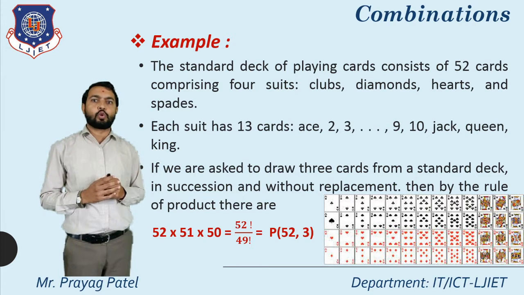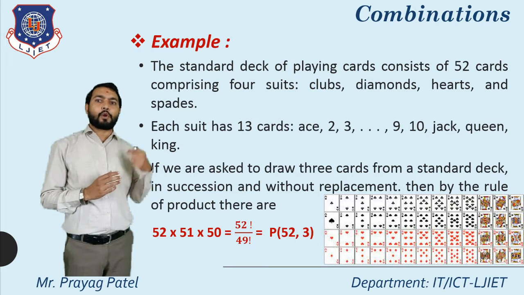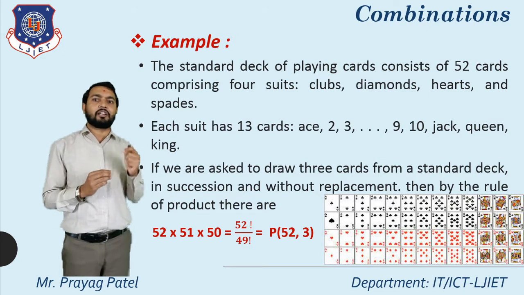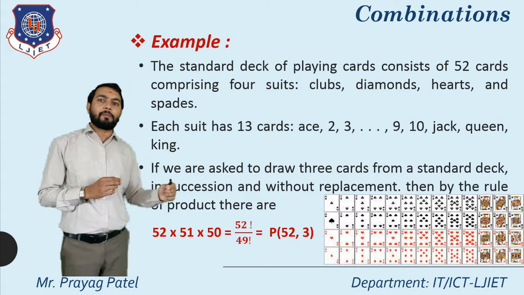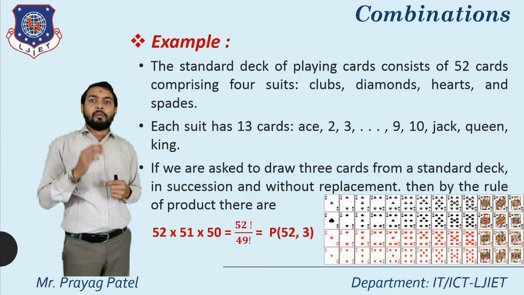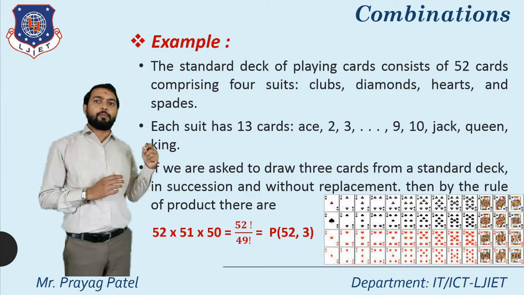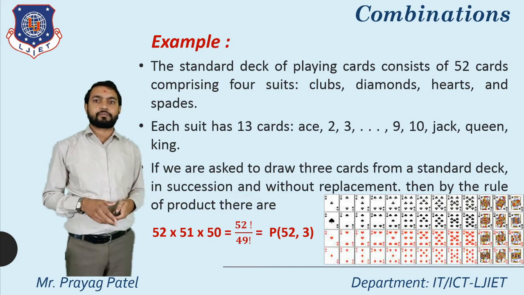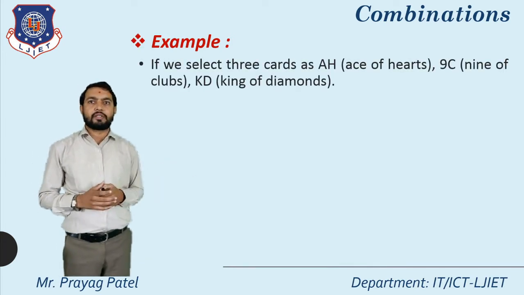Now after selecting 2 cards, we have 50 cards remaining. So for the third card selection it is 50. So the answer is 52 multiply 51 multiply 50, which we can say in another way, 52 factorial divided by 49 factorial, which is equal to P of 52 3. Now this is a simple example of the combinations.